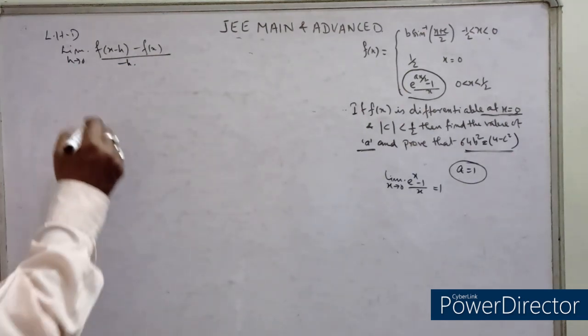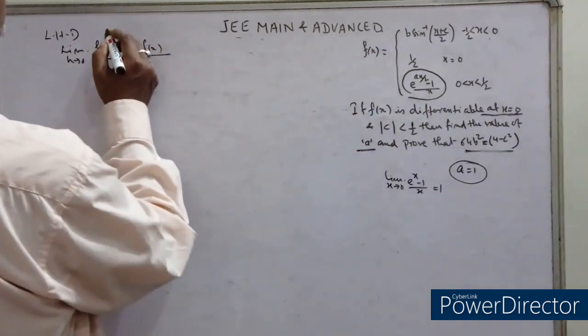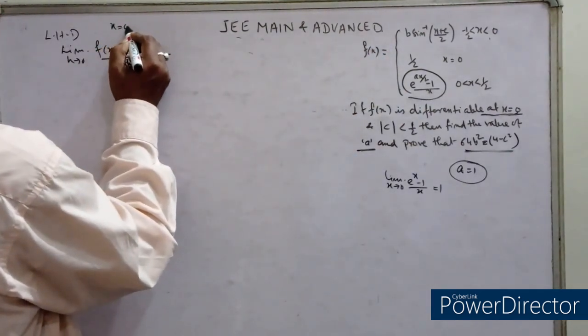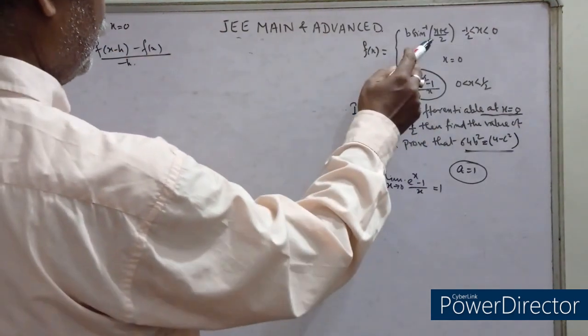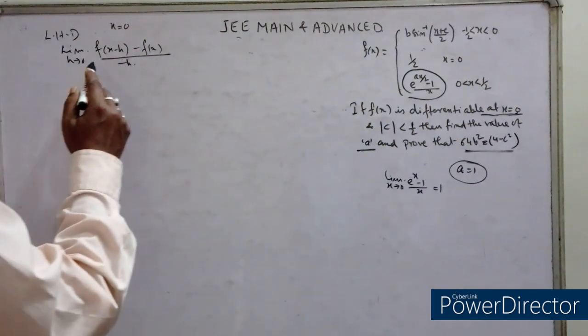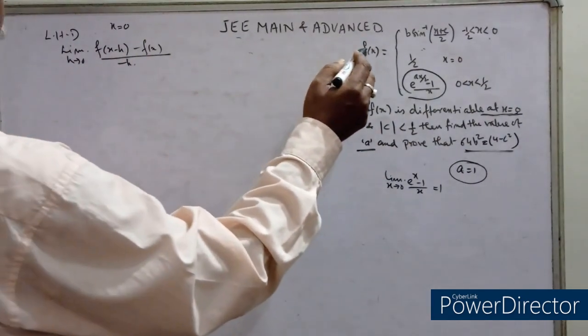Here x will be less than 0 because we are testing at x = 0. Left hand derivative means less than 0, so this is your function.